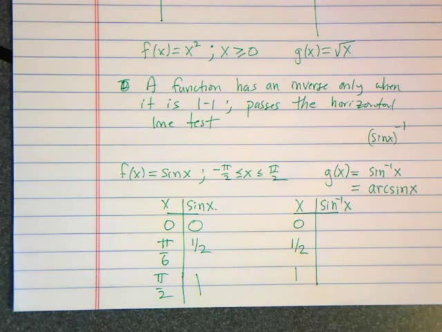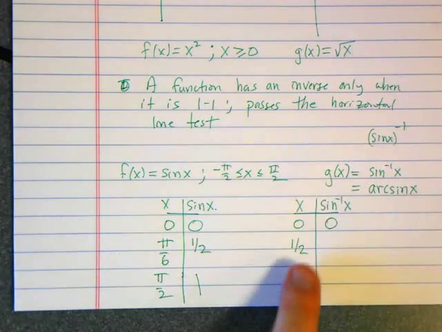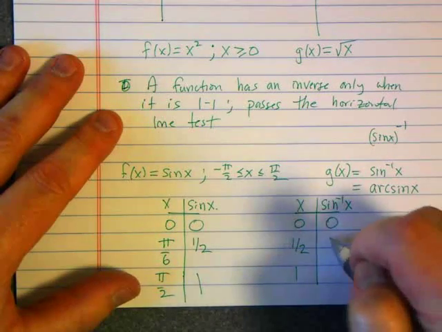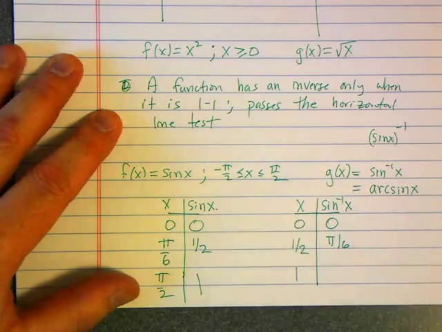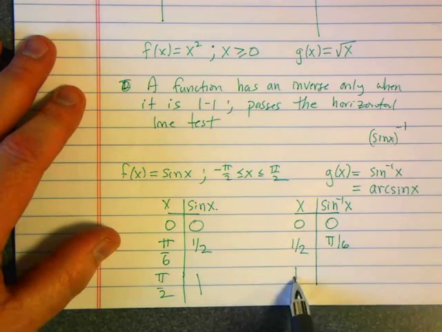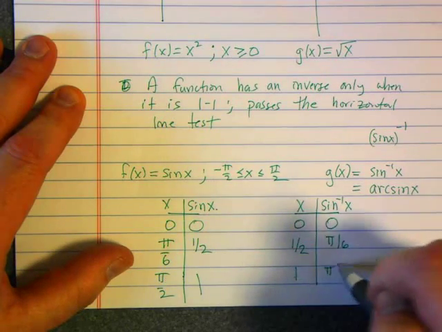It gives me angles. So if I plug 0 into sine inverse, I get 0, but that's really the angle 0. And when I plug 1/2 into sine inverse, I get the angle pi over 6, which happens to be 30 degrees, that's correct. And when I plug in 1 into sine inverse, I get the angle pi over 2, which happens to be 90 degrees.